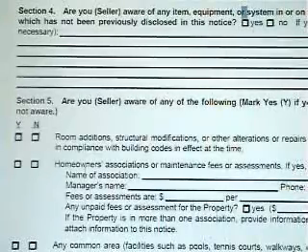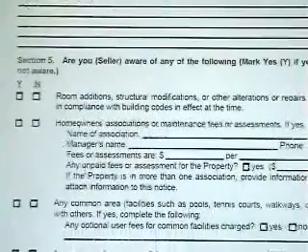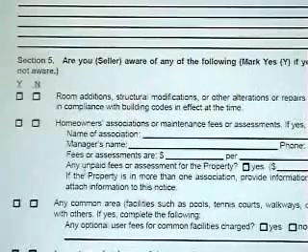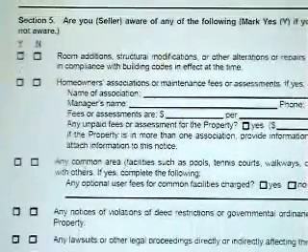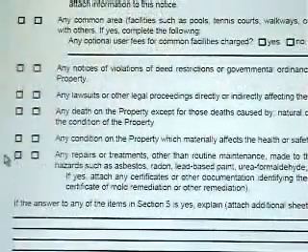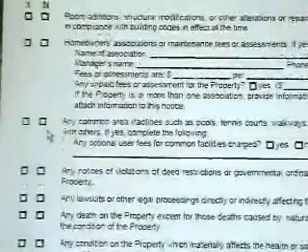If yes, then the name, management company, phone, and the amount, and whether it's voluntary, mandatory, or whatever it needs to be with the homeowners association. Below that, it asks about any common areas such as pools, tennis courts, walkways. There are just a few questions for you to answer, yes or no. If it's yes, check the box on the left. If it's no, check the box on the right.